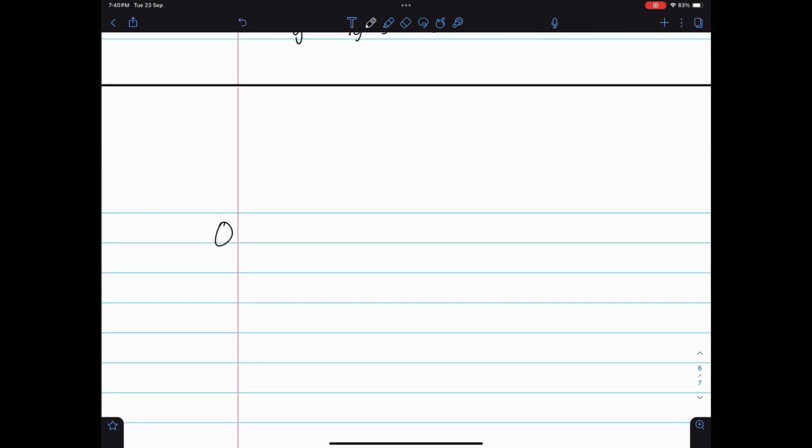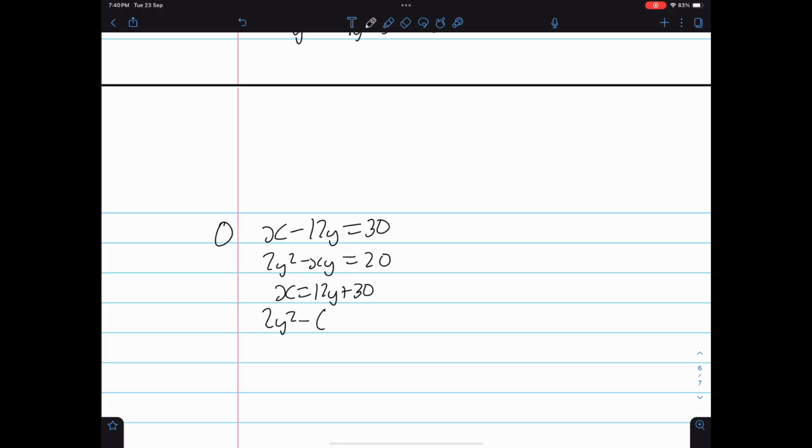Now for the next one, x minus 12y equals 30, and then 2y squared minus xy equals 20. x is equal to 12y plus 30. 2y squared minus (12y plus 30) times y is 20.